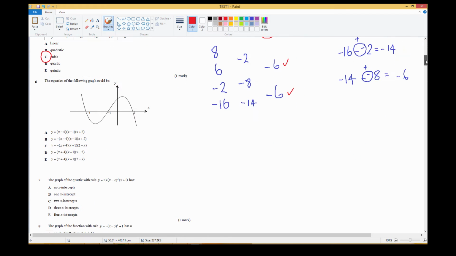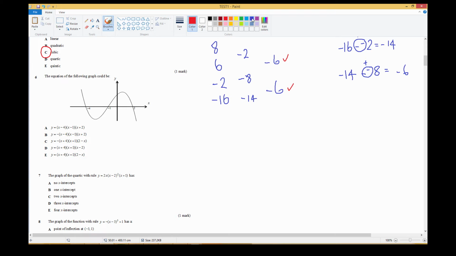Right. Next question. Question 6. Okay, this is a cubic function. Of course, we know the cubic function has this order. Right, it's a polynomial form, so the three factors will be x minus a, x minus b, x minus c. And a, b, and c represent the intercepts.